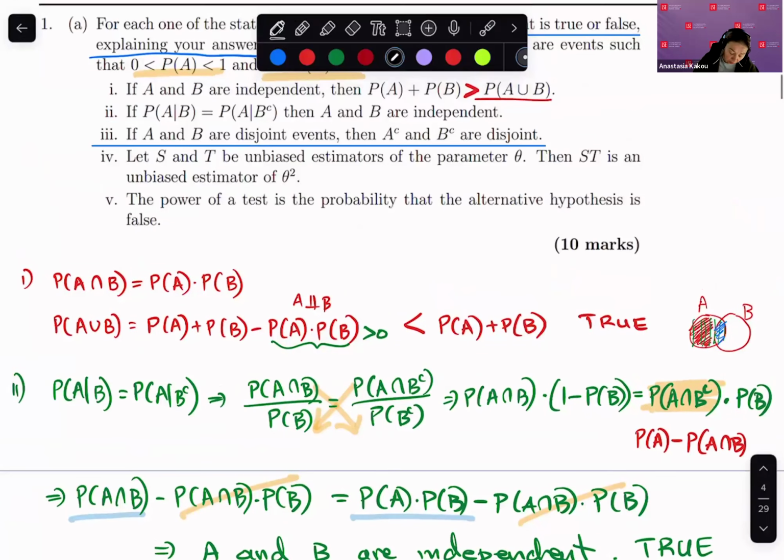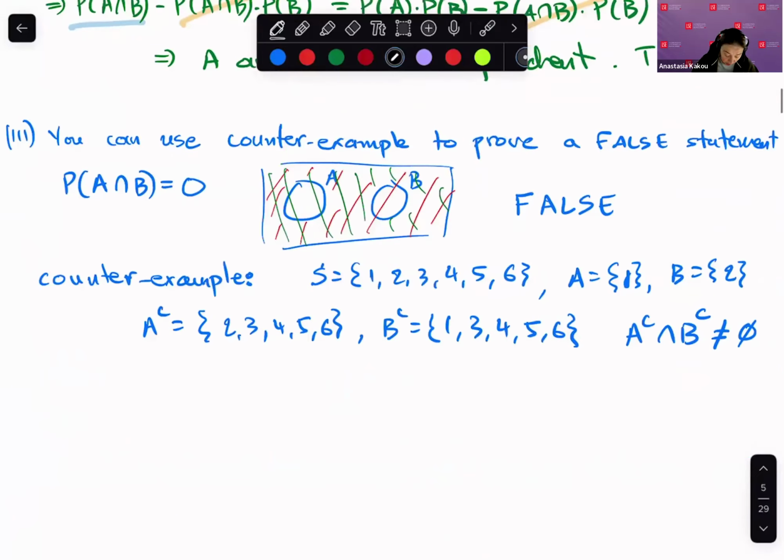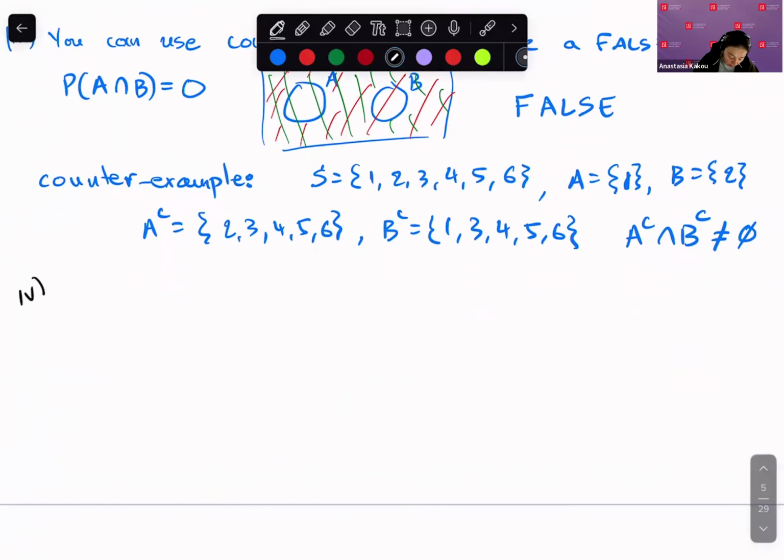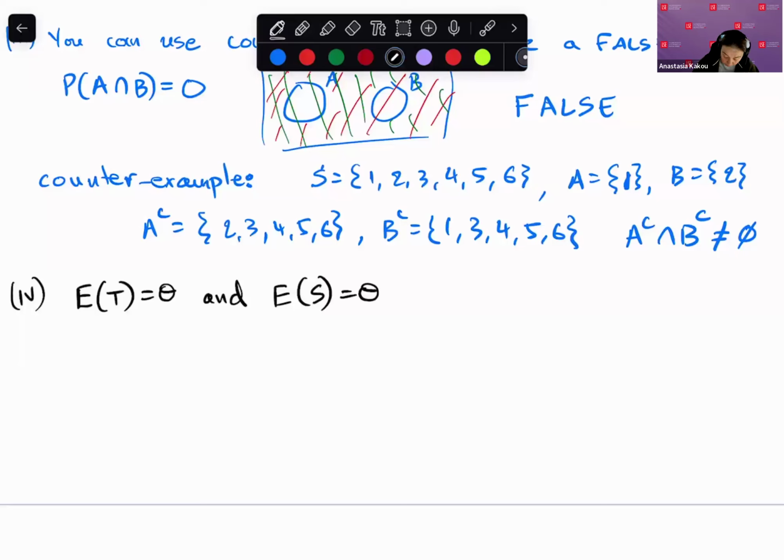The fourth statement here: if S and T are unbiased estimators of parameter theta, then the product will also be unbiased for theta. This is the definition of unbiased. Unbiased means that the expected value of T equals theta and the expected value of S equals theta.